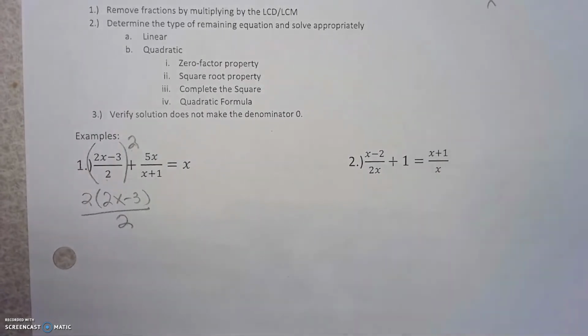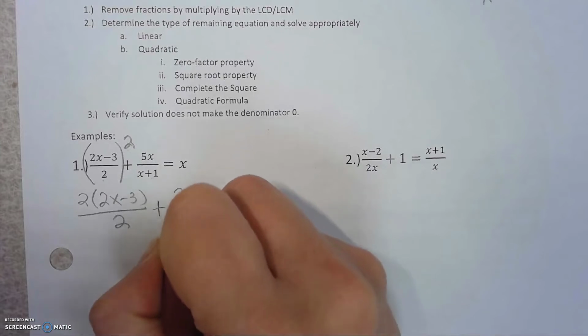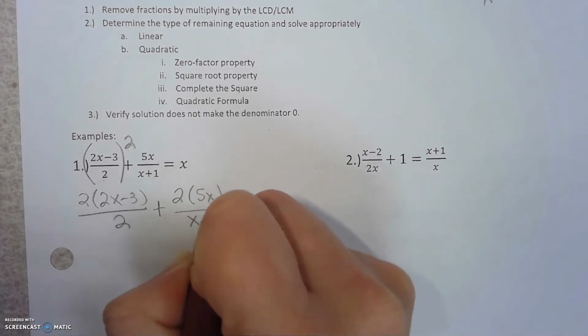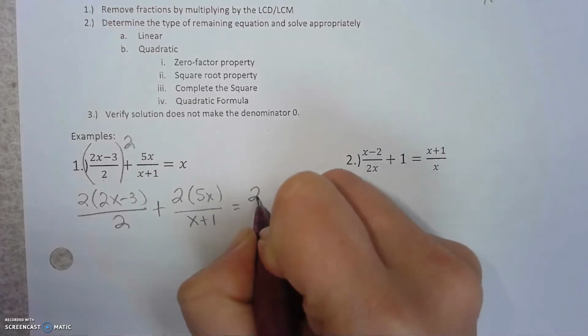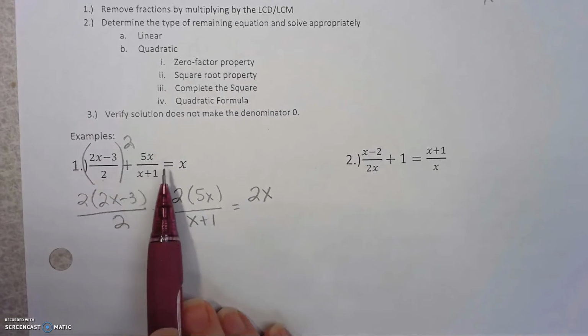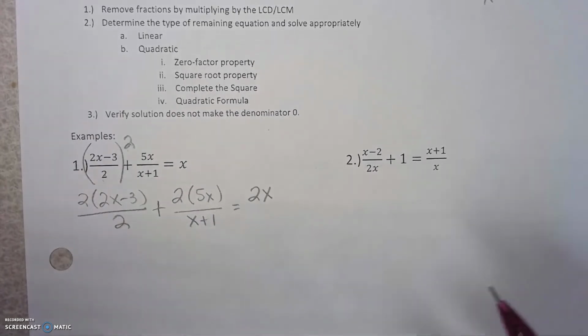Now remember, if I multiply any one thing in my equation, I have to multiply everything by that same thing. So I'm going to multiply everything by 2. I've multiplied this fraction by 2, this fraction by 2, and this x by 2. Whole number or not, it has to be multiplied.